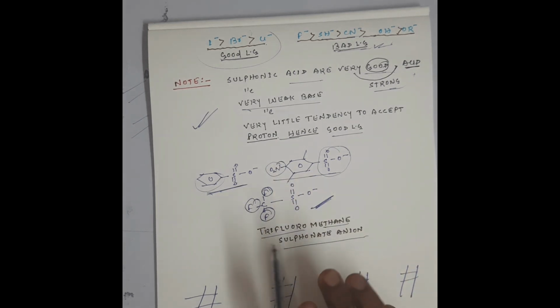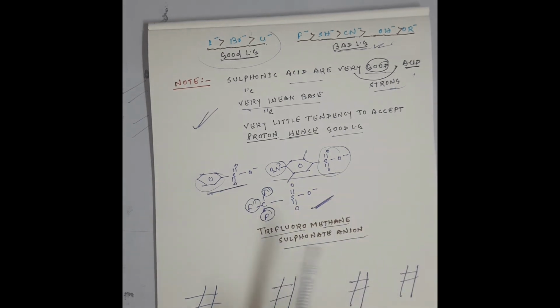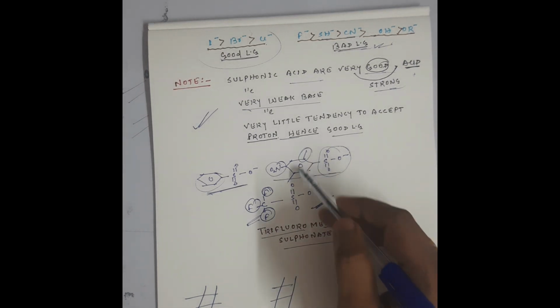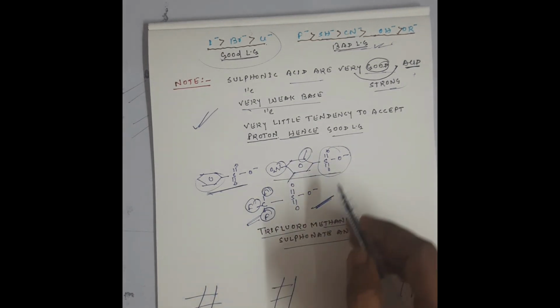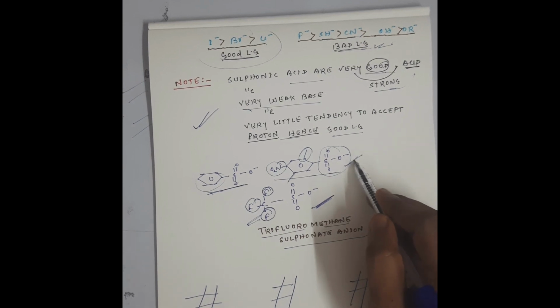When there is more electron withdrawing group, the negative charge stability will be more. So here trifluoro is a super leaving group. But if more electron withdrawing groups attach to the benzene ring, that would be a super duper leaving group.